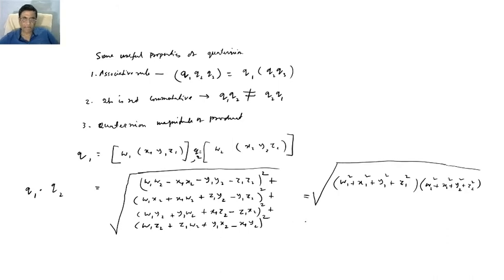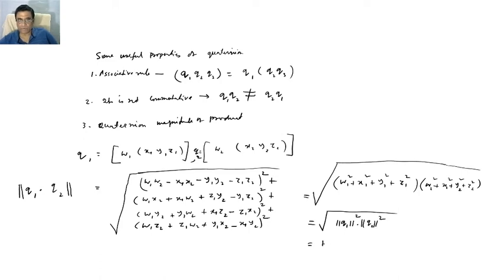So what does it mean? That means the magnitude of the product of two quaternions is equal to the magnitude of quaternion Q1 times the magnitude of quaternion Q2, when it comes out of the square root.